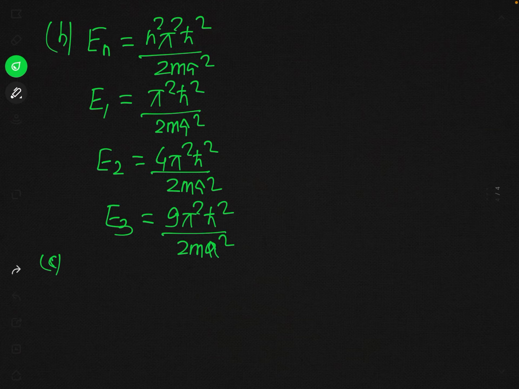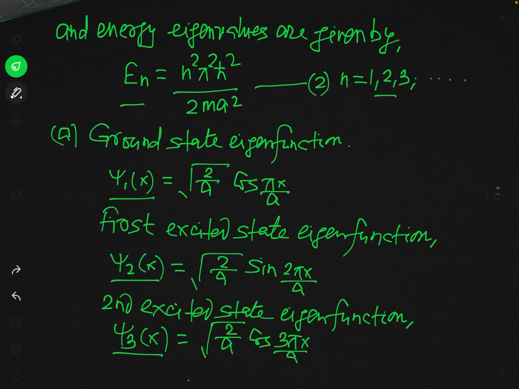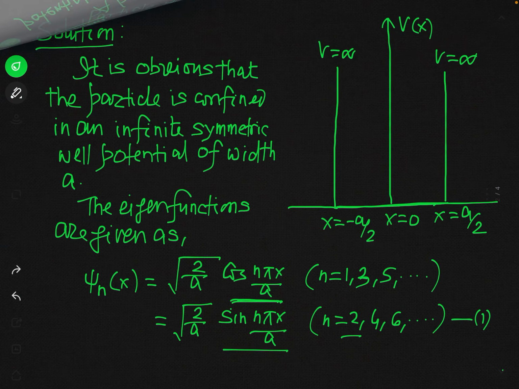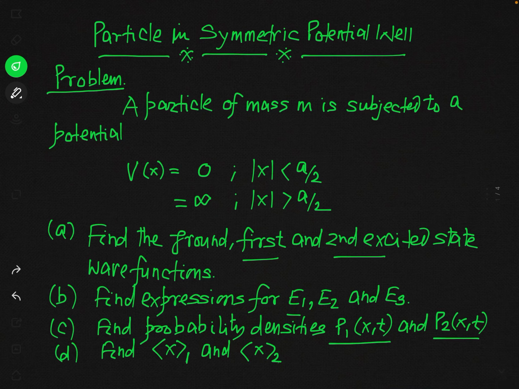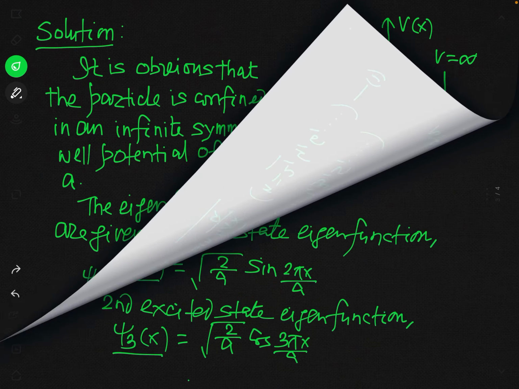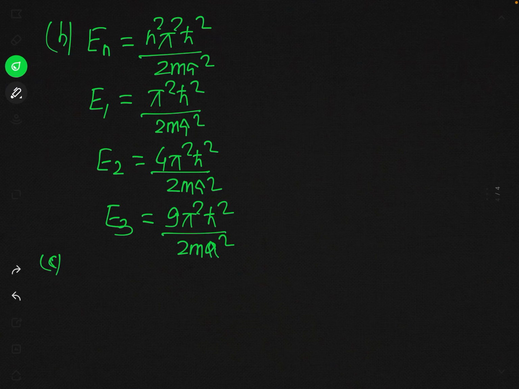Now see what is the third part of our problem, and what we have to find in this third part. In the third part of the problem we have to find the probability densities at any time t in the first two states of the particle, that is in the ground state and also in the first excited state. Now we know how probability density is defined.